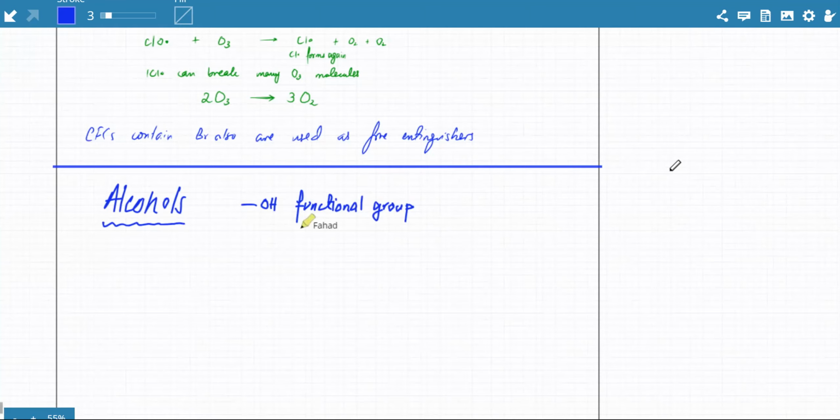Many groups have OH in them, but remember that a carboxylic acid is not an alcohol. Benzene with an OH attached is also not an alcohol. Most notably, these two compounds have OH, so these two are not alcohols.